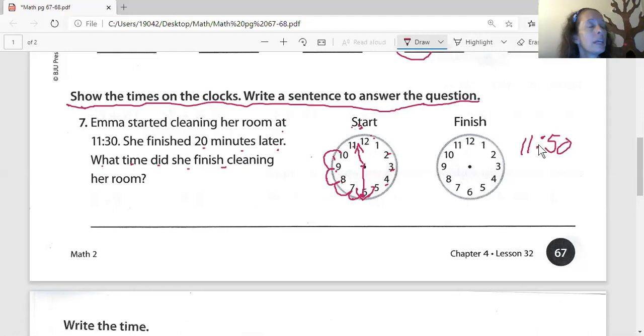Okay? And now we need to make 11:50 happen on our clock. So let's ask Jamia how to make 11:50 happen on our clock. Jamia, where is my hour hand going to go? My shorthand. Between the what and the what? After the 11, not quite to the 12.